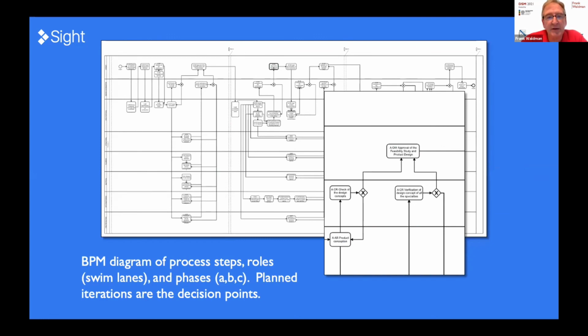Could be a template, could be just a from scratch new process, and each of those iteration points are decisions that reflect whether or not you're going to have to iterate. And so we call those planned iterations, and they're given milestones in Project so that when you reach that point, you make a decision.